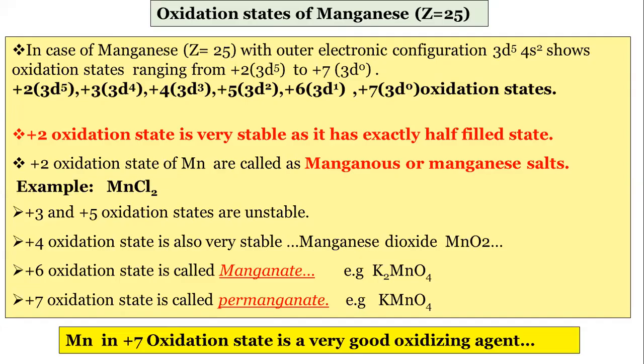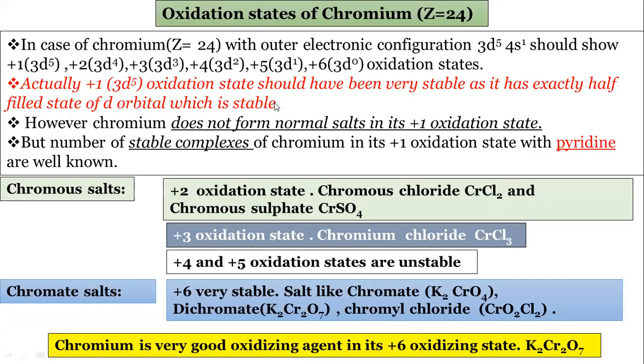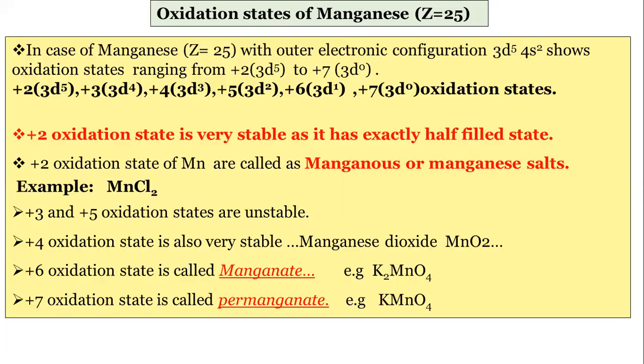One important question I want to discuss here, because it has been asked 10 times in board exams: write the different oxidation states of manganese and why the +2 oxidation state of manganese is most stable.